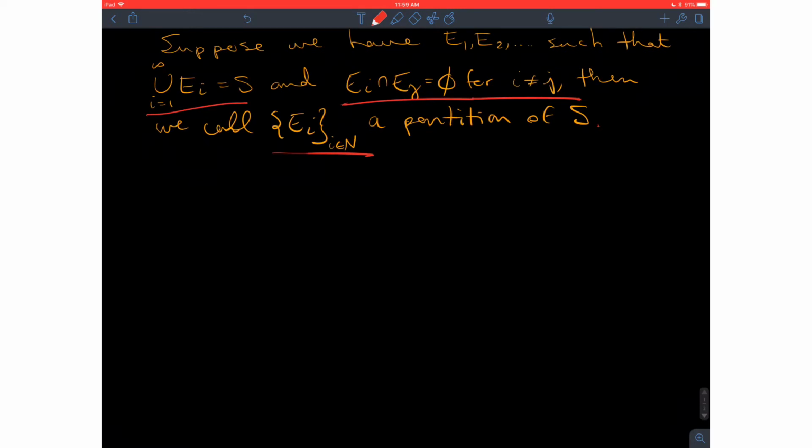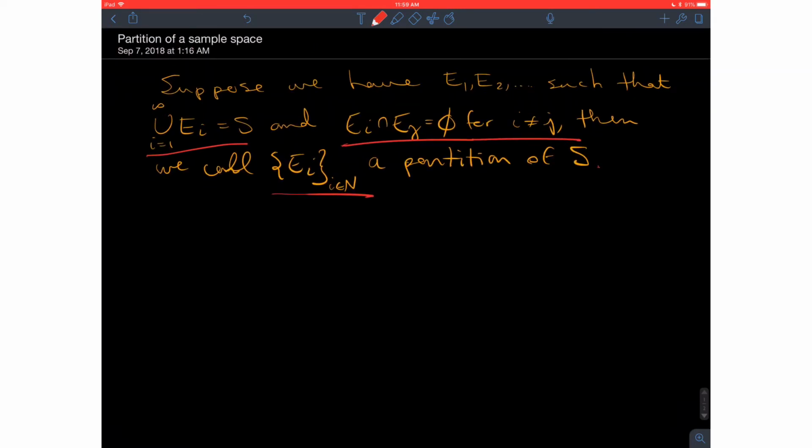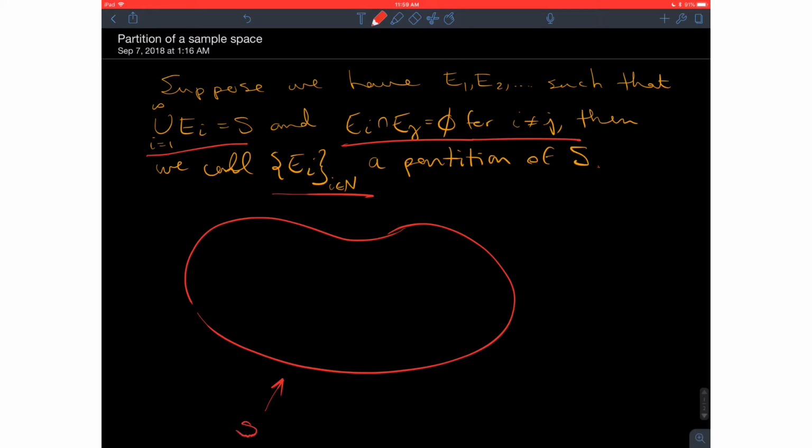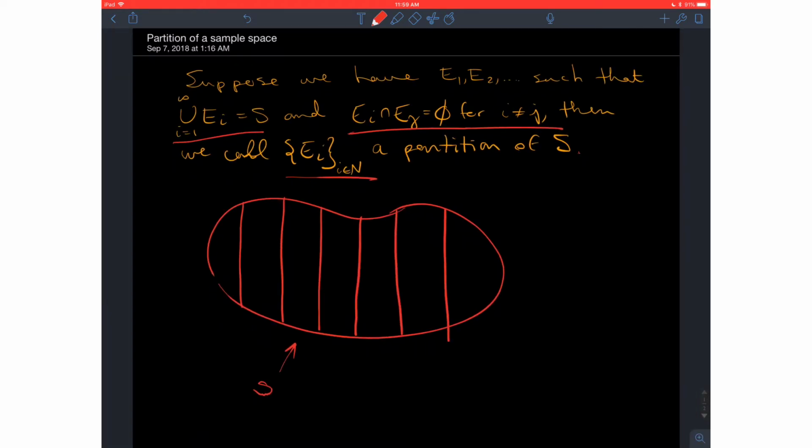So, okay, now we have the definition. What does it really mean? What are we really doing here? Well, suppose this is our sample space, S. So this bad boy here is S. And suppose we have cut S up: 1, 2, 3, 4, 5, 6, 7. So we've cut it up into E1, E2, E3, E4, E5, E6, and E7.